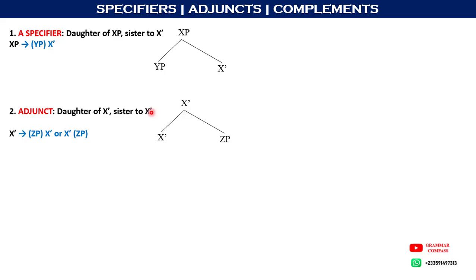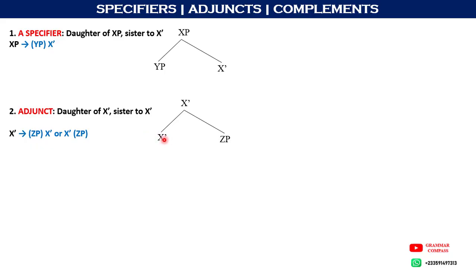So for example, if we have this tree, provided the tree for the noun phrase, if we have an adjunct as a modifier or qualifier in the noun phrase, then it must be a daughter of an N bar and a sister to an N bar. So adjuncts are never daughters of the phrase. They are daughters of the X bar and then sisters to the X bar.